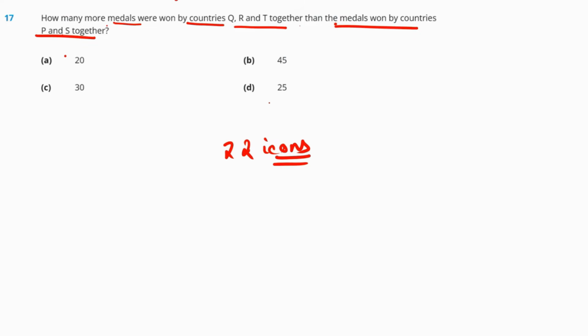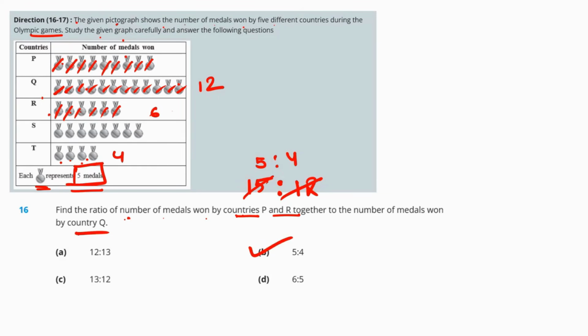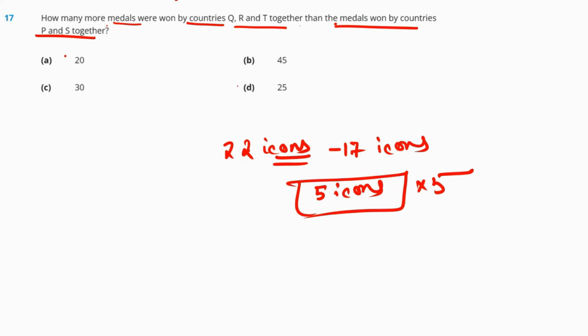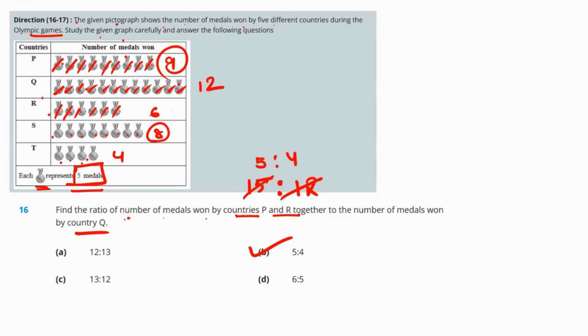So 22 icons for QRT together, and for P and S together, P is 1, 2, 3, 4, 5, 6, 7, 8, 9. And S is 1, 2, 3, 4, 5, 6, 7, 8. 9 plus 8, that's 17 total. So 22 icons and 17 icons, that's a difference of 5 icons. 5 icons, each representing 5. So 5 times 5, 25 is the number of extra medals.